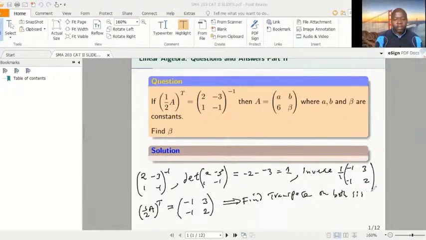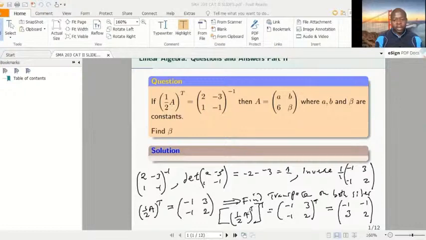The transpose of a half of A transpose will be the same as the transpose of [[-1, 3], [-1, 2]]. But what is the transpose of this matrix on the right? The transpose of this matrix is just -1, 3, -1, 2. So that is the transpose.